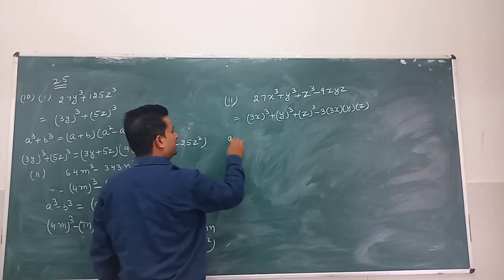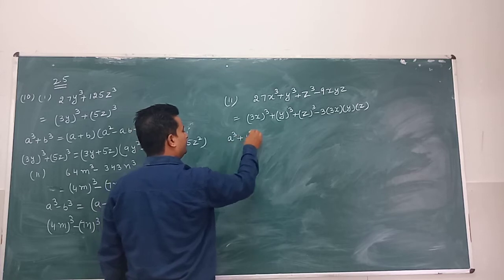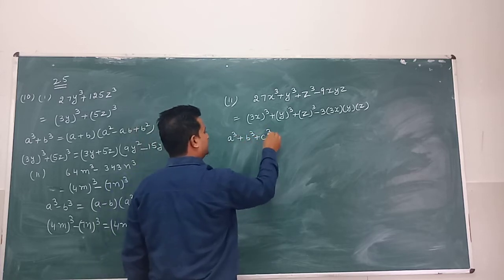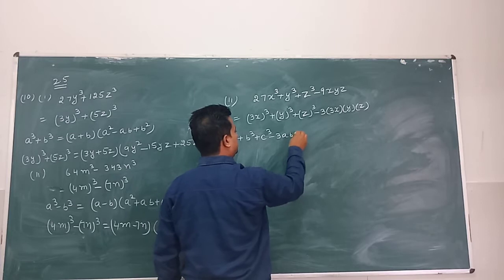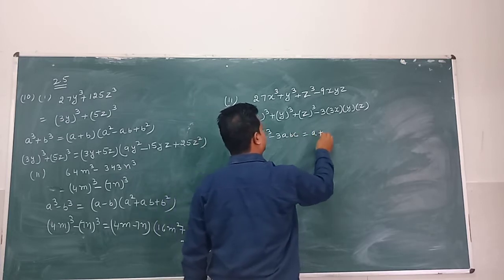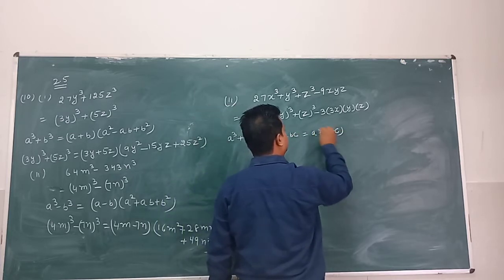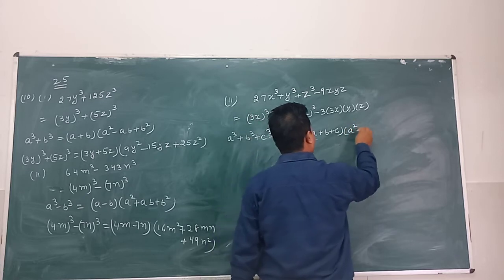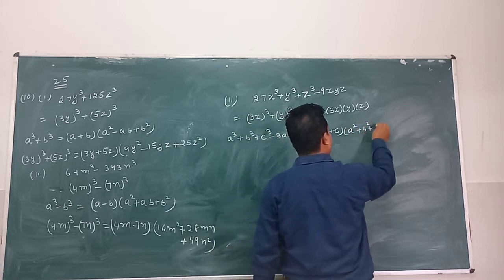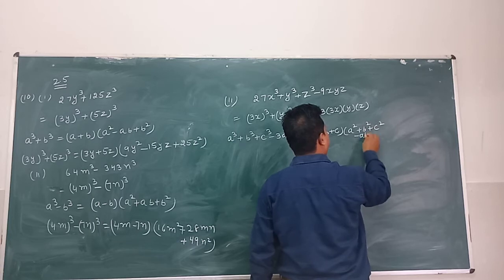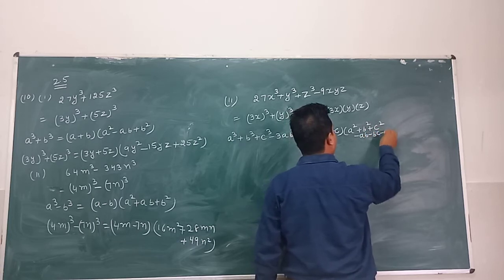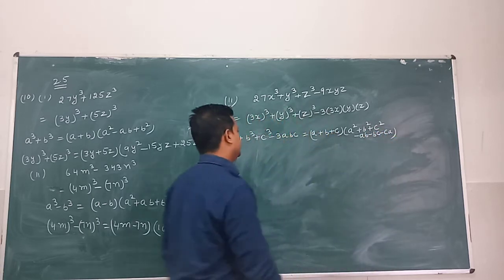Here we use the identity a cube plus b cube plus c cube minus 3abc, which is equal to (a plus b plus c)(a square plus b square plus c square minus ab minus bc minus ca).